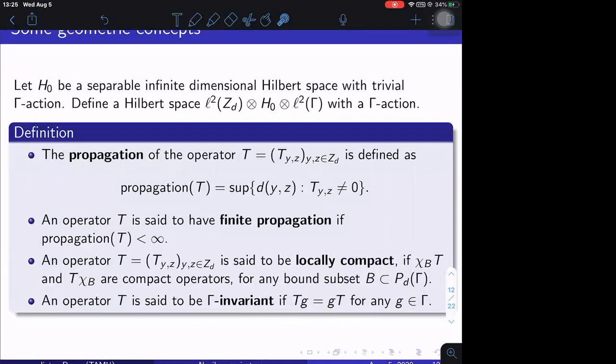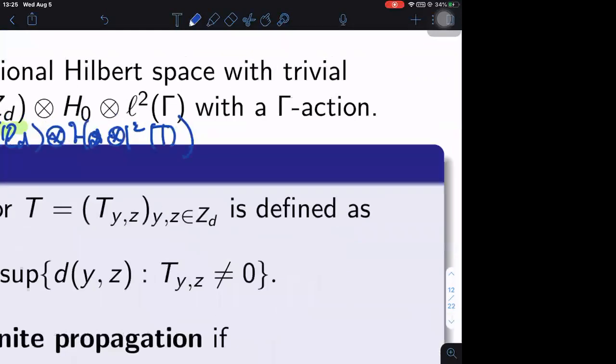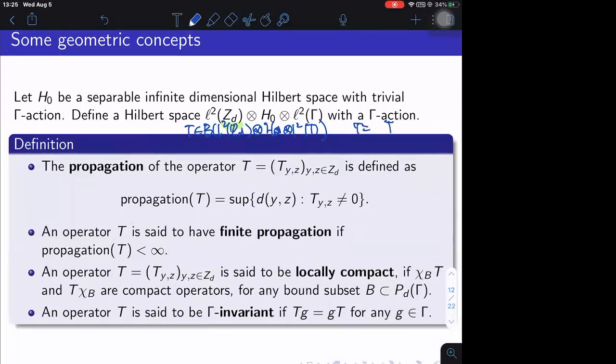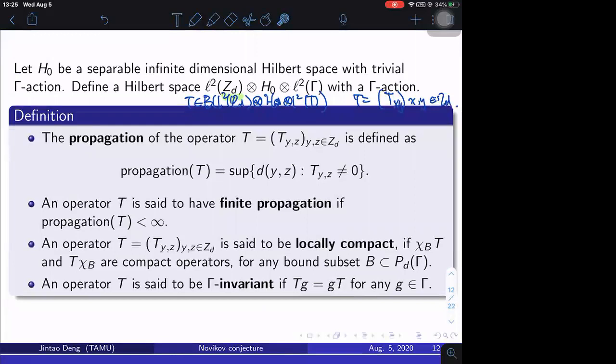Because Z_d is countable, every bounded operator on this Hilbert space can be read as a matrix. So T can be read as a Z_d by Z_d matrix with entries indexed by x, y in Z_d, and this is the reason why we want Z_d to be countable.